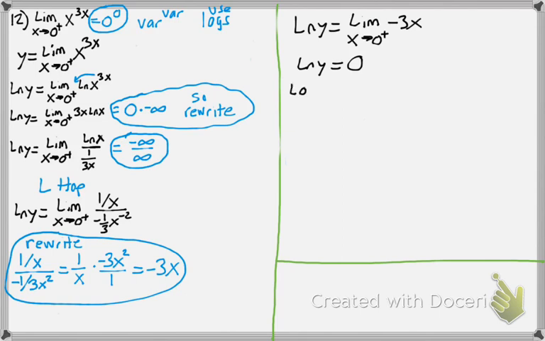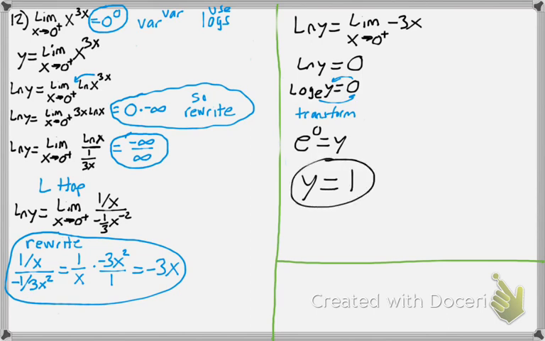So I am going to rewrite it as log base e of y is equal to 0. And I'm doing this because now I can transform it. So e raised to the 0 is equal to y, or we can say y is equal to 1. So after all of the rewriting and L'Hopital's rule, it's equal to 1.